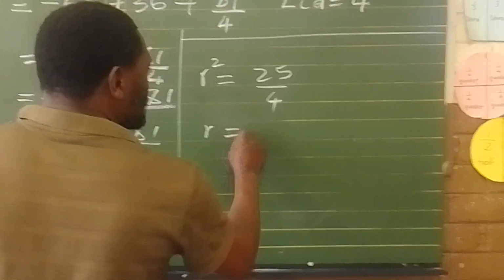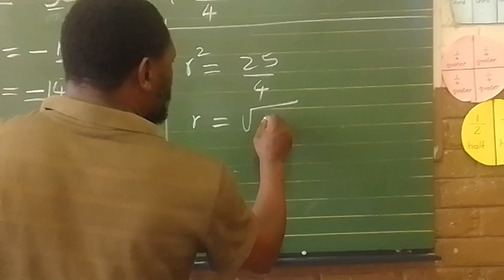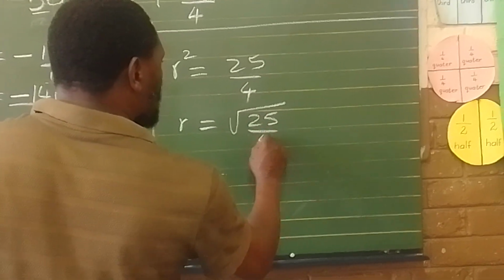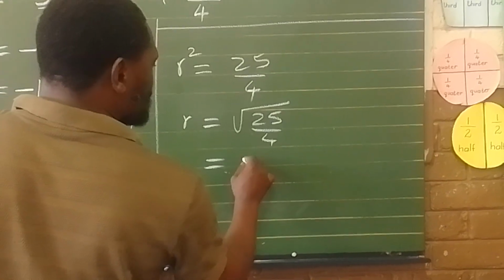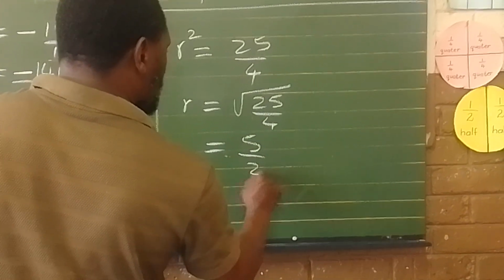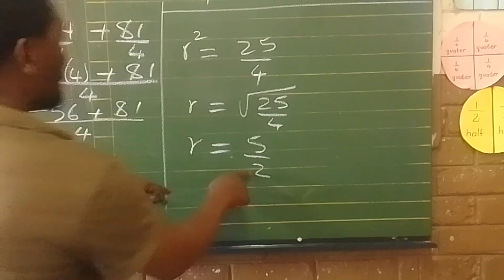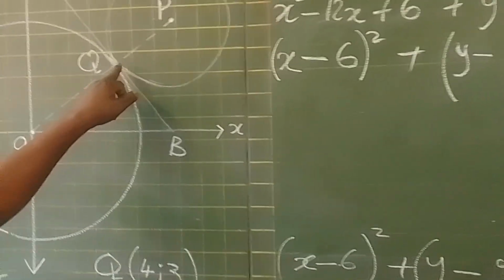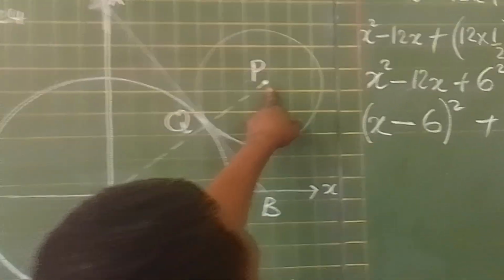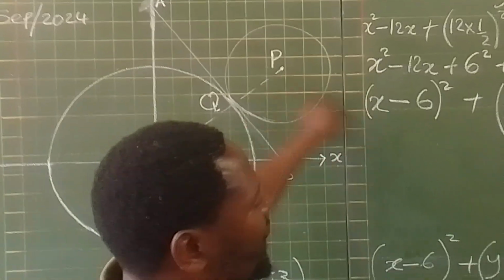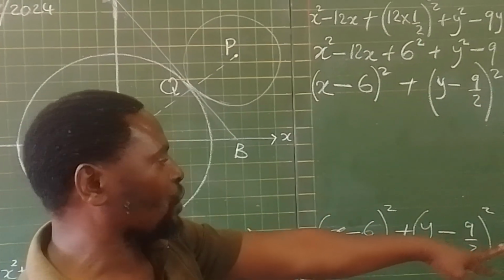Then r equals the square root of 25 over 4, which is 5 over 2. This r is the radius for P, from Q to P. The radius is 5 over 2.